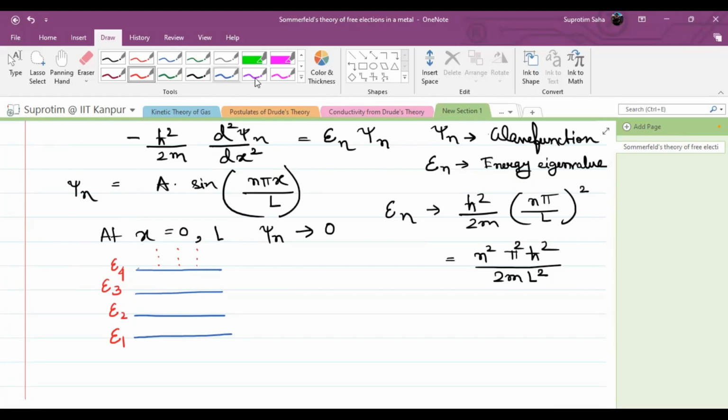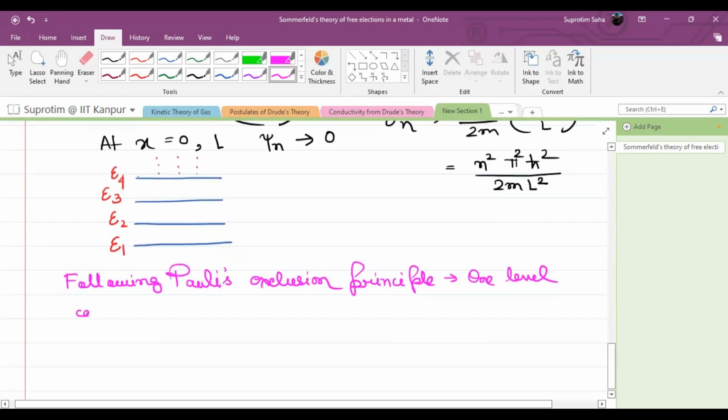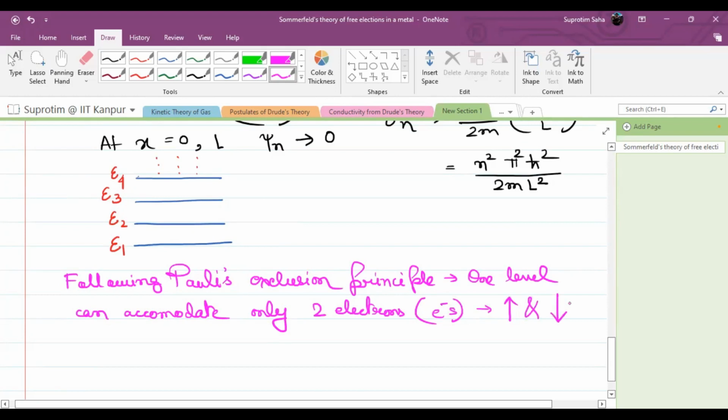So following Pauli's exclusion principle, one energy level can accommodate only 2 electrons, spin up and spin down.